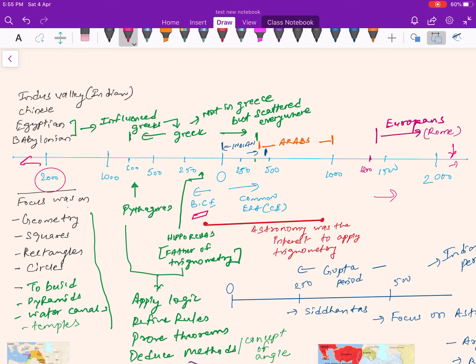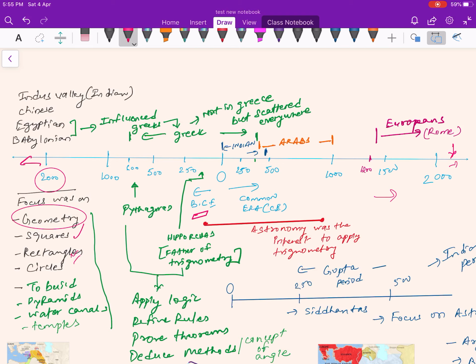And that's where geometry was born, if you look at the ancient part of that. The primitive shapes of geometry that they were using were circles, squares, and rectangles to build stuff like that. So that's what was happening in the ancient history of 2000 years and beyond. And if you fast forward on the time scale, all these numbers I put are not accurate, but that's not the point here.